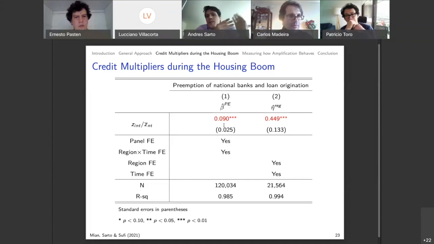Again, the focus of their paper is not on the G multiplier. We're going to dive deeper into this now, but this is the first approximation to show you, with real numbers in a specific example that the literature has used, how this multiplier looks in the data. So we have amplification. As I was saying before, we have a sizable amount of amplification.